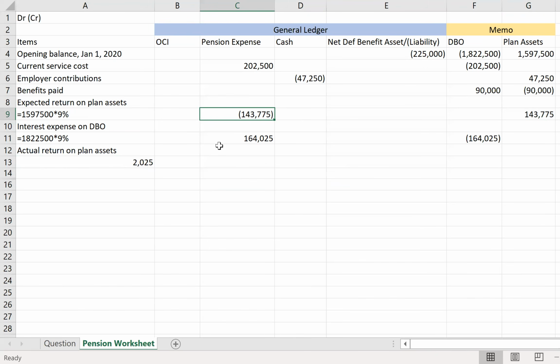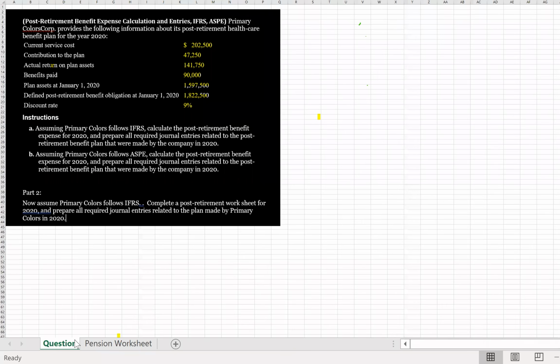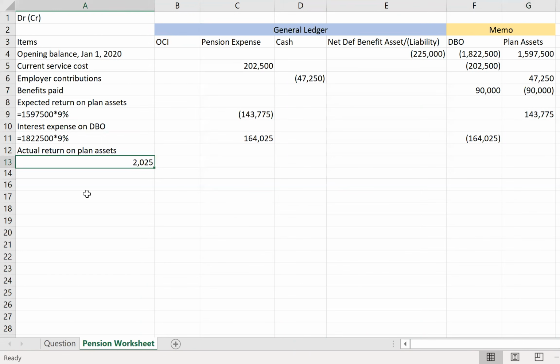We need to true this up for the actual, and we're using IFRS here. So we've got our OCI column. So this is a remeasurement loss. So let's put here remeasurement loss on plan assets. And so that difference between our expected and our actual return is a remeasurement loss.